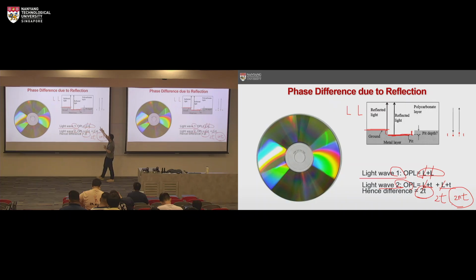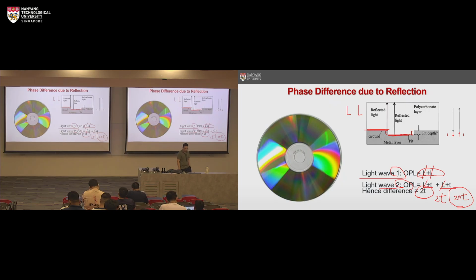You can see in this diagram, the difference in structure actually created two different reflections. One is a reflection from the top. The other one is a reflection from the pit, which is the ground level, bottom level. So if you compare ray 1 and ray 2, the difference is actually 2T or 2nT. So it's again the same equation.